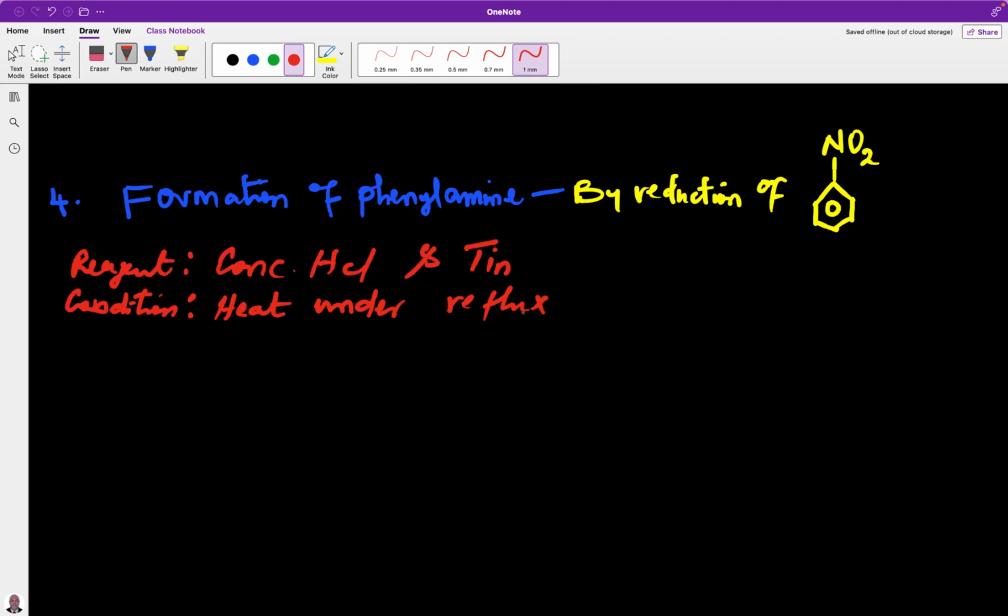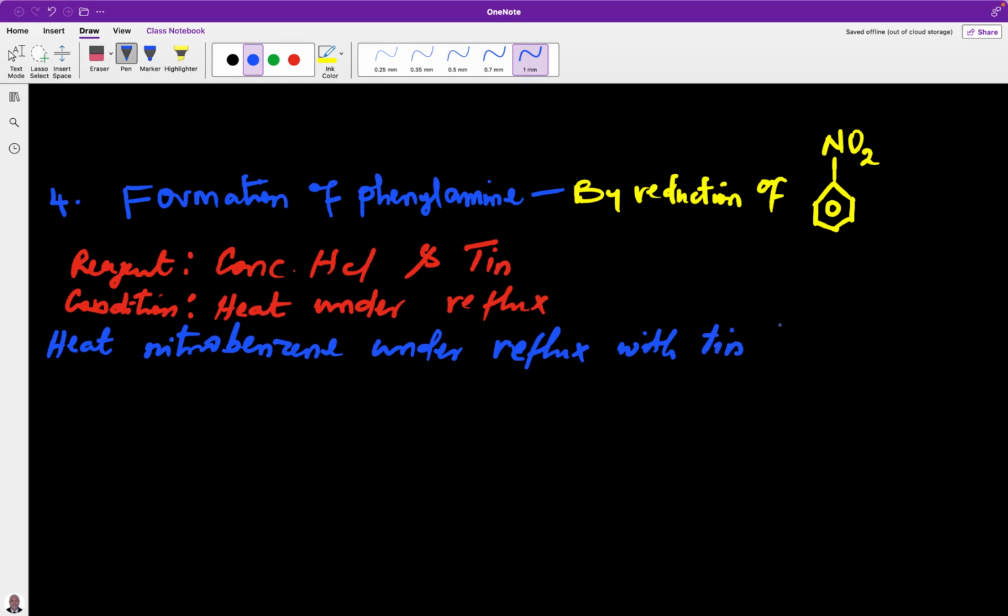So in this case, you will have to heat the nitrobenzene under reflux with tin and concentrated hydrochloric acid. You have to do that.